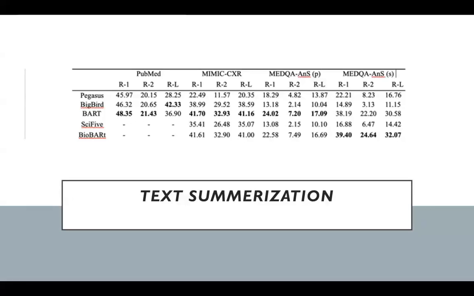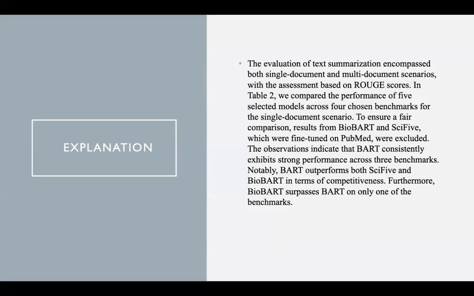And next, text summarization. As you can see, we have different NLP models in the picture and all the respective accuracies of the models. The evaluation of text summarization encompassed both single document and multi-document scenarios, with assessment based on ROUGE scores. We compared the performance of 5 selected models across 4 chosen benchmarks for the single document scenario.